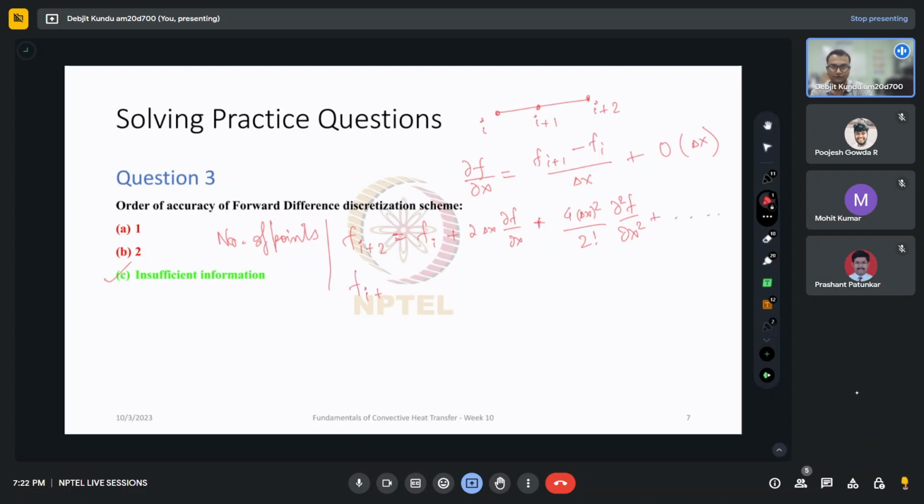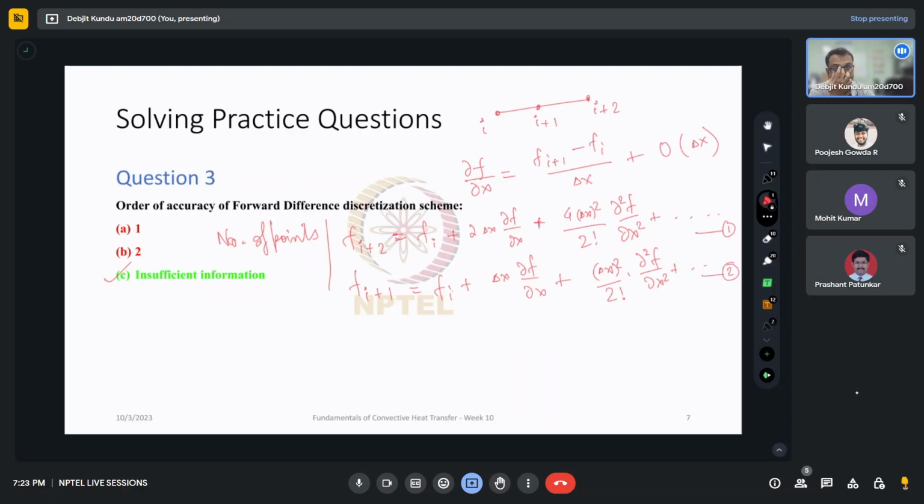Then f_{i+1} can be written as f_i plus delta x into ∂f/∂x plus delta x squared by 2 factorial into ∂²f/∂x² plus dot dot dot. Let this be equation 1 and this be equation 2.